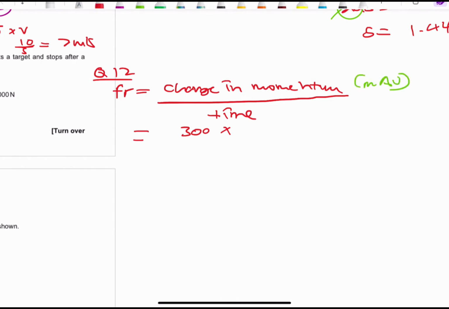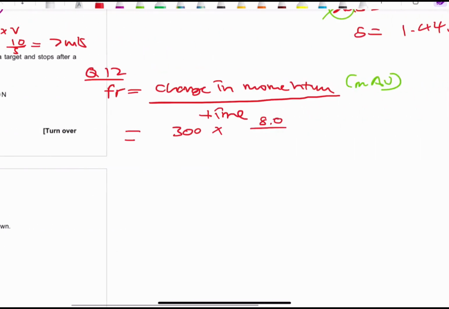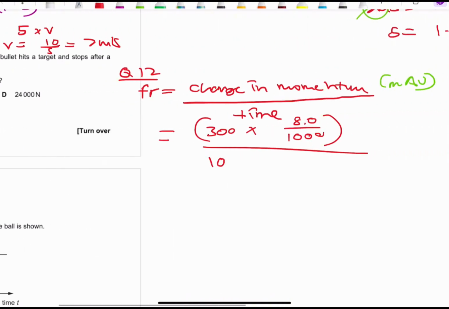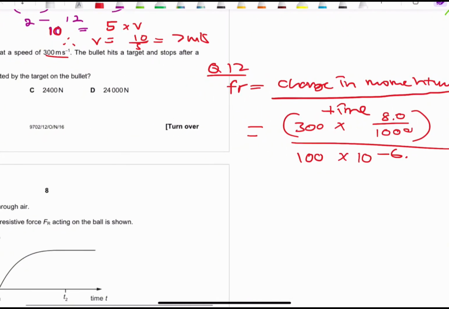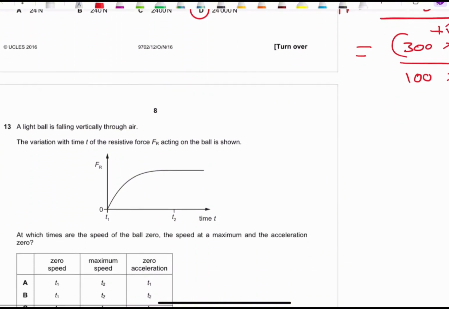That's basically how we find momentum. So 300 multiplied by 8.0 divided by 1000. What is my time? It's 100 microseconds, which is 100 times 10 to the power of negative 6. Roughly, that's going to give me about 24,000 newtons, which is D. So just think about this: change in momentum divided by the time you take, and that would be the answer.